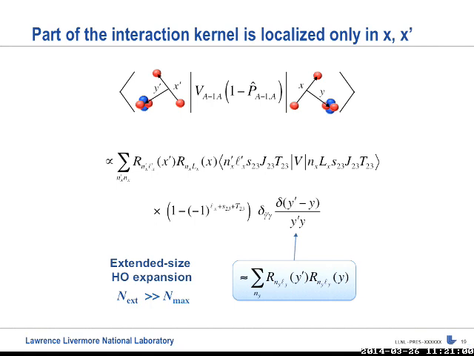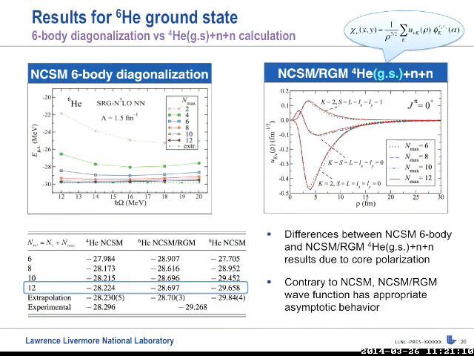But in this case, the model space that we use to expand this function is much, much larger than the typical model space for the rest of the system. Okay, so some results. As a warm-up exercise, we have calculated the bound states of the alpha plus 2 neutrons, and of course we found only one bound state, the bound state of helium-6 in the 0 plus channel.